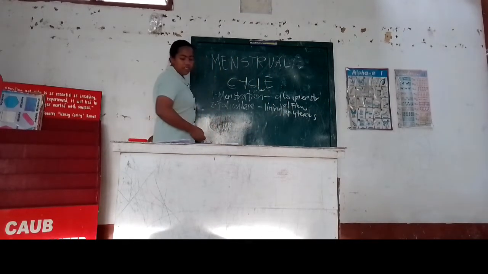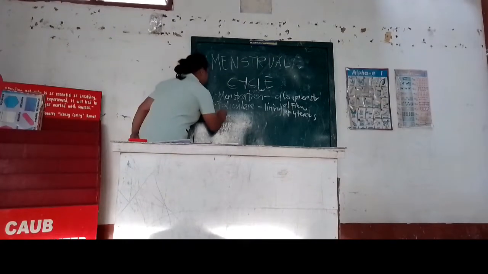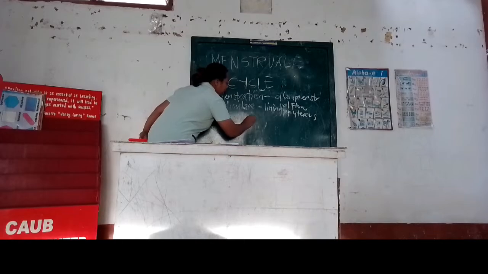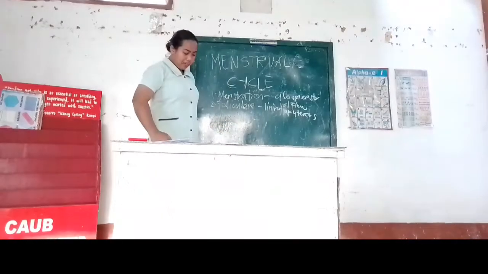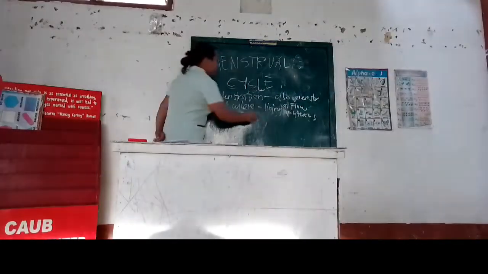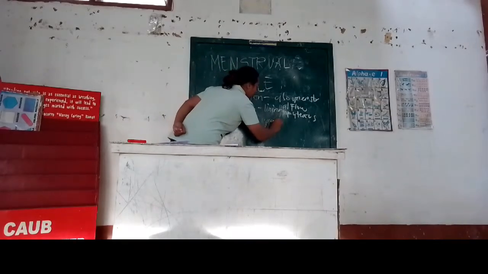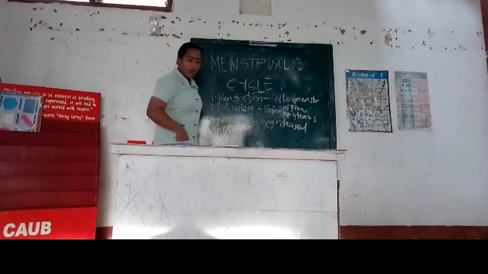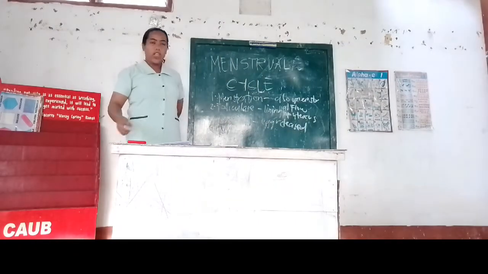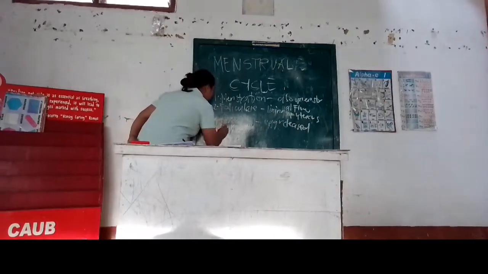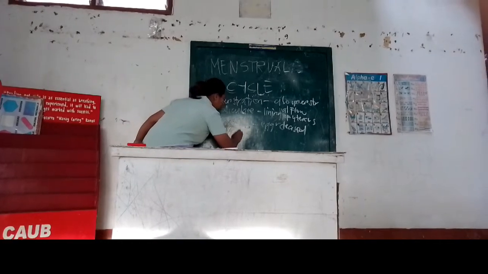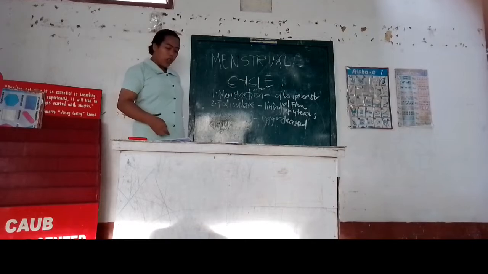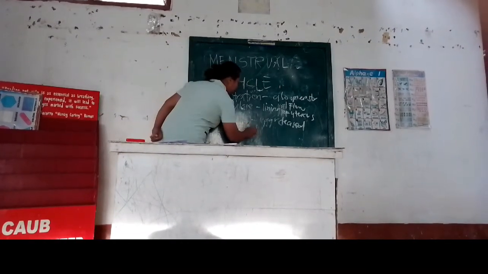The third phase is called ovulation. So this is the egg release. The fourth one is the luteal phase. The luteal phase, this is called the endometrium.